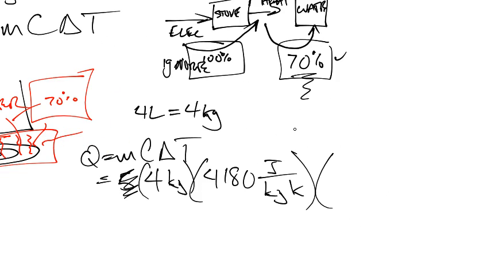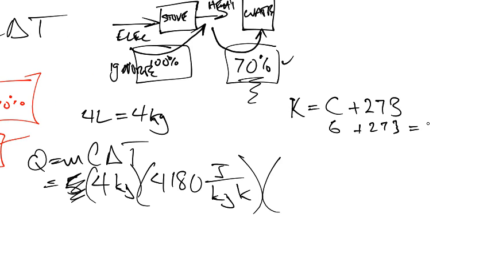You notice delta T, I gave you Ti and Tf. Let's convert that to Kelvin and see if we actually need to do the conversion. Now what's the equation? Kelvin equals C plus 273, right? So therefore, if I was to convert 6 degrees, which was the original, plus 273, that's going to give me 279.